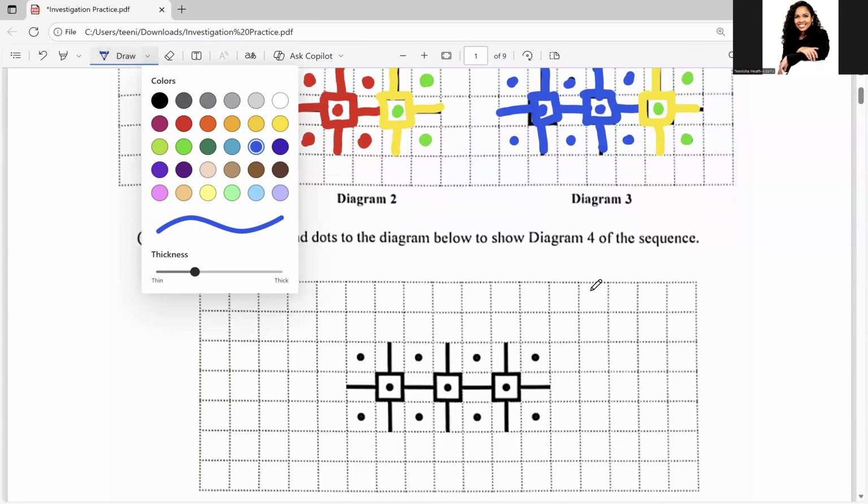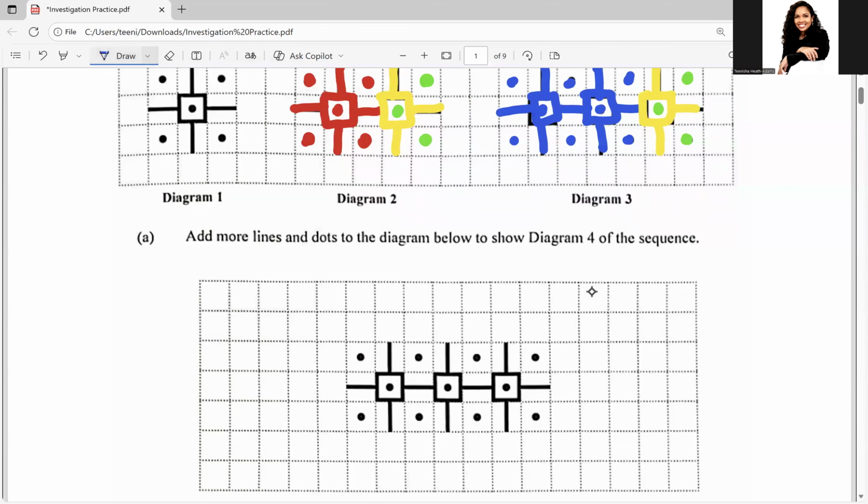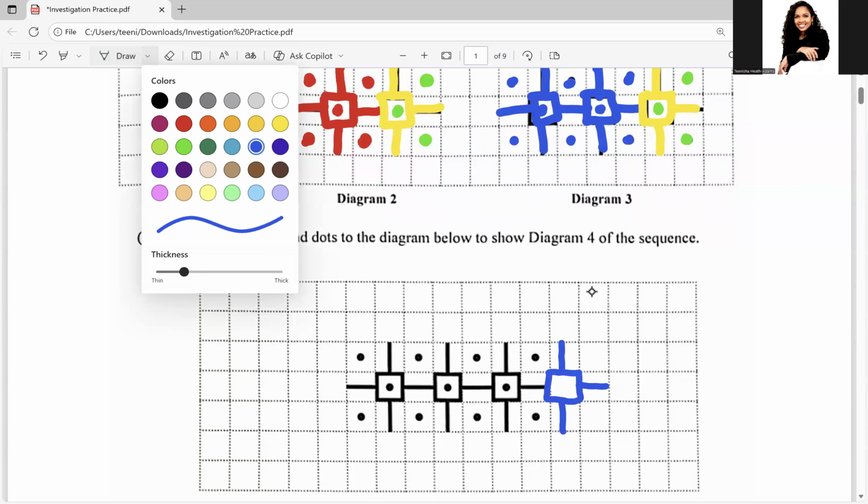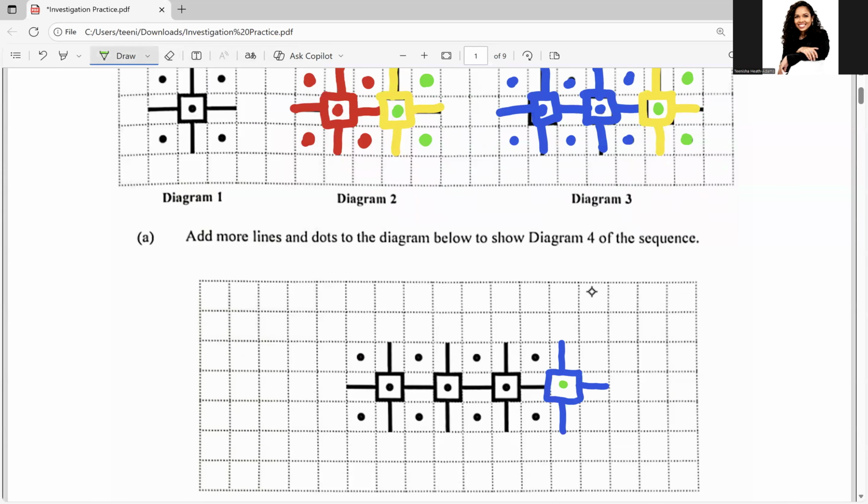So this is the fourth diagram, Zafi. Are you seeing that? Right. So this fourth diagram here would include, sorry, I want to draw the straight line first. So it will include four, five, six, seven straight lines and three new dots. One, two, three.